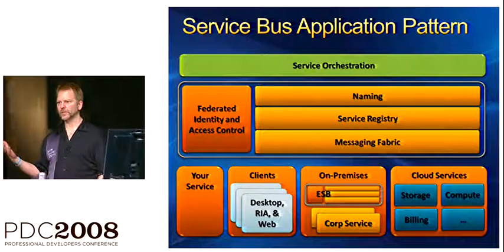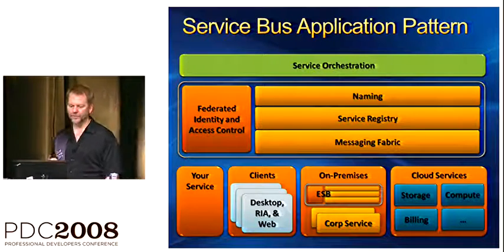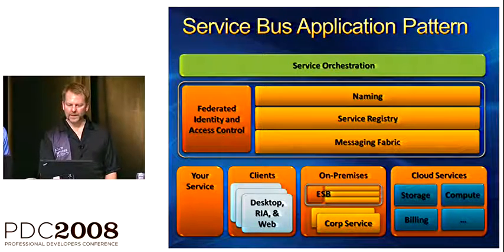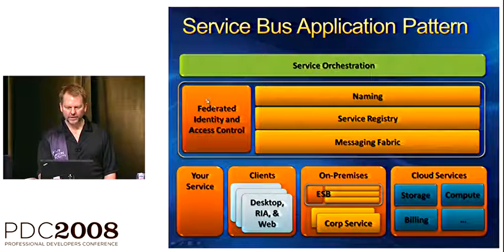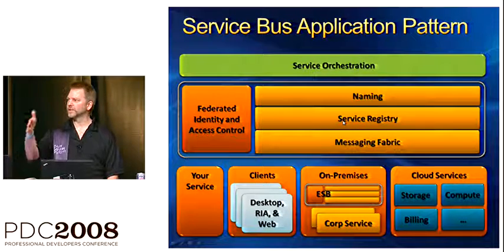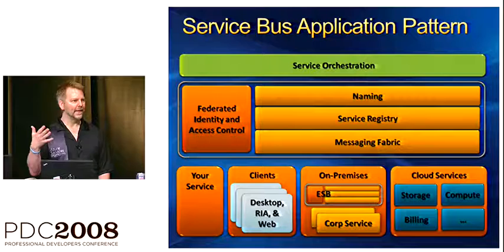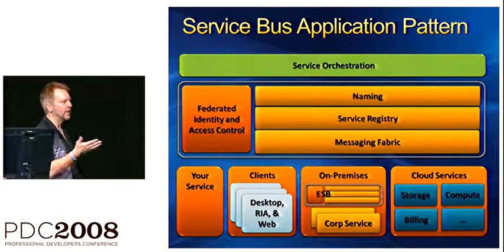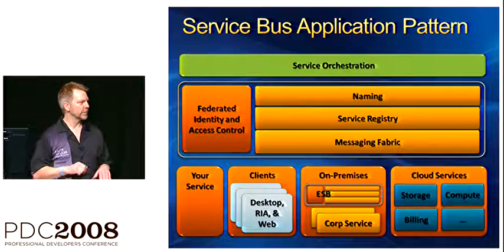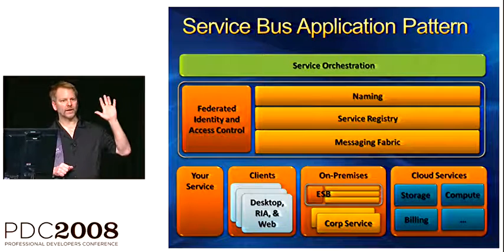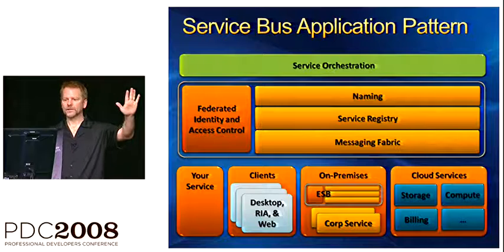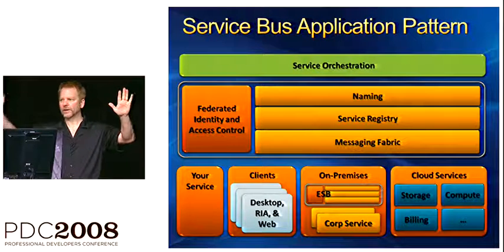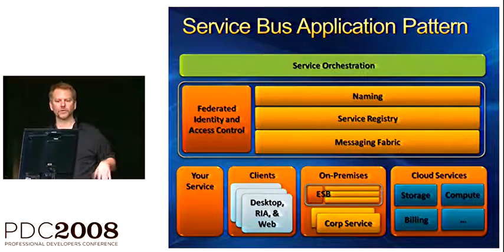We talk about things like service orchestration, being able to drive that service bus, but that service bus contains a messaging fabric, which is the thing that distributes the information down here, a service registry, which is a way to find services that are connected to the service bus, and then a set of naming capabilities so that it's easy to produce human-readable names that connect into the service bus. So we can have a nice URL that's going to give you a reference to various services that are attached now to the service bus.